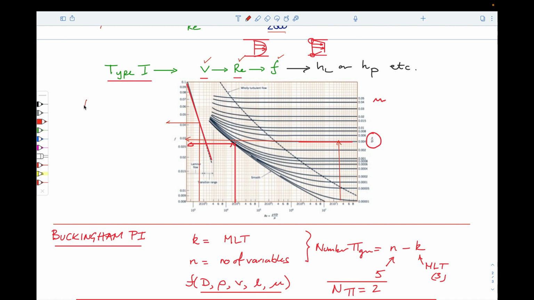For type 2 problems, we don't necessarily know the velocity, but we have to solve for the velocity.